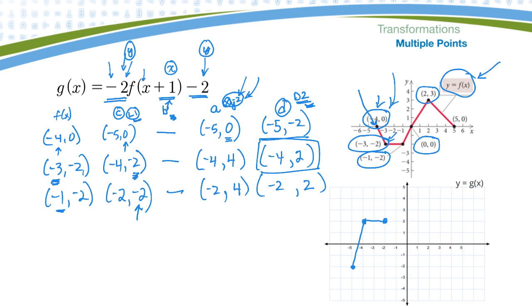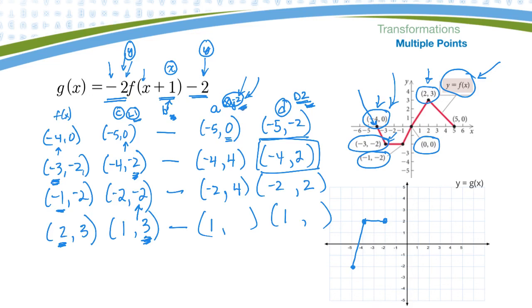Let's pick that point right there, 2 and 3. So I need to move left 1. If I'm at 2 and I move left 1, I'll be at 1. The y value stays the same. B, there's no B transformation. So the 1 is going to stay the same for the last transformations. Now, for this one, I need to multiply that by a negative 2.